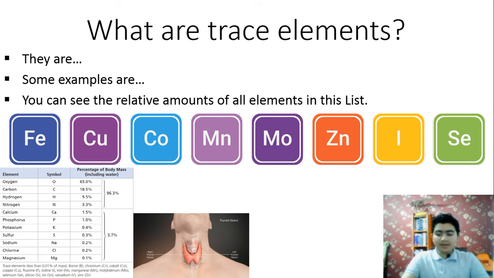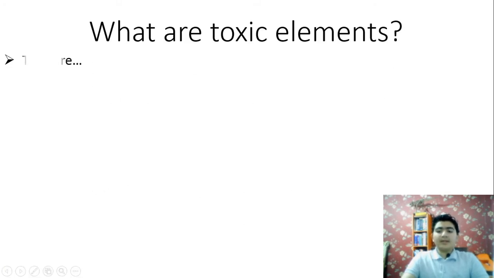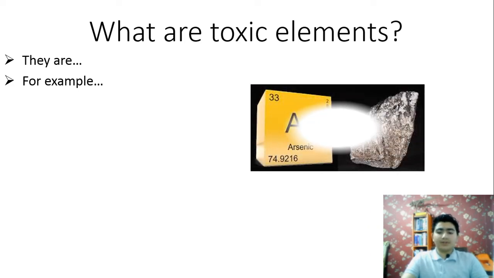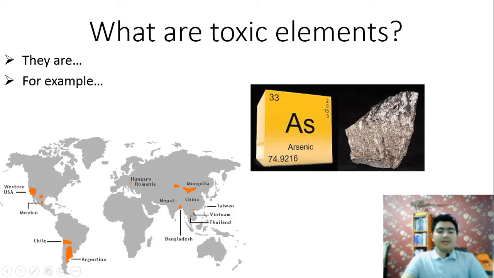Millions of people have been inadvertently exposed to arsenic-laden water. You can see the element arsenic here, and the places which have arsenic-laden water. Efforts are underway to reduce arsenic levels in their water supply.